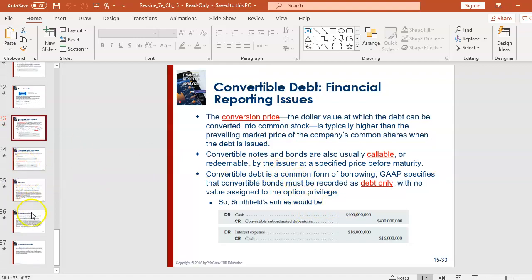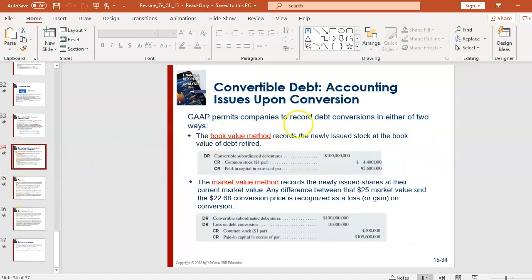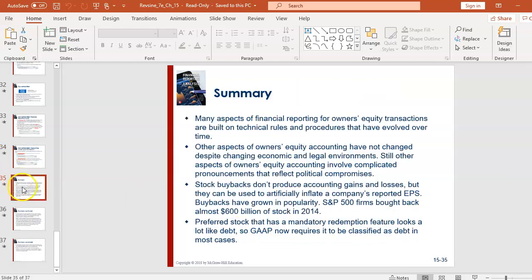So there's one thing to kind of think about. And there's a few more journal entries. GAAP permits companies to record debt conversions in either of two ways, the book value method or the market value method. So obviously with the market value method, the difference between market value and conversion price is either a gain or a loss. That's the big difference between the two of them.